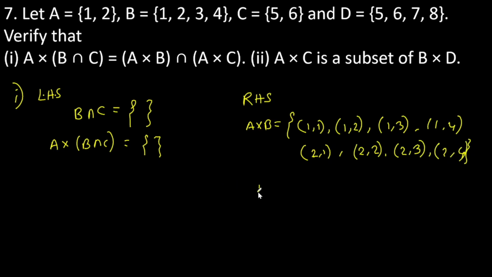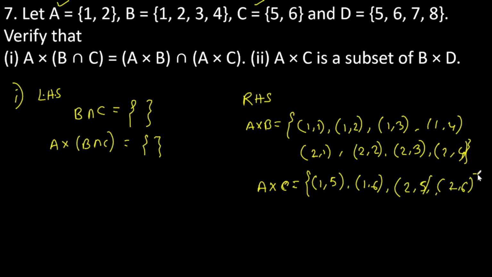Next A cross C. What are the elements? A cross C means A to C. So 1, 5, 1, 6, 2, 5, 2, 6.